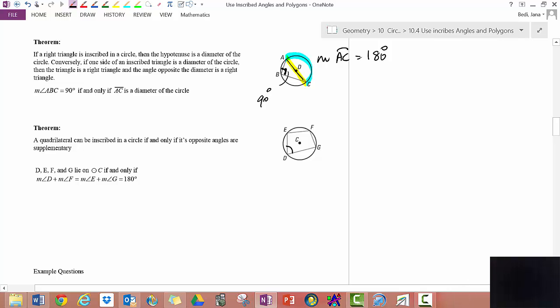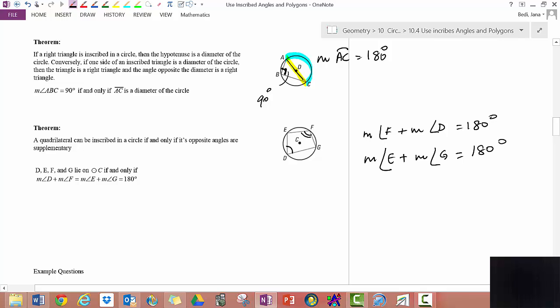So that means measure of angle F plus measure of angle D equals 180, and measure of angle E plus measure of angle G equals 180 degrees.